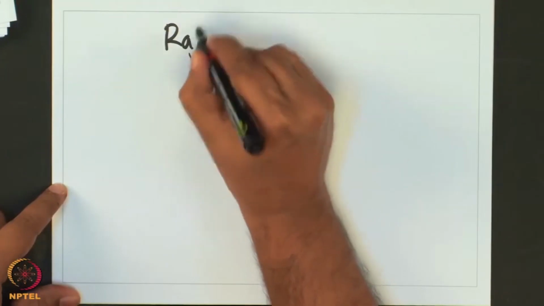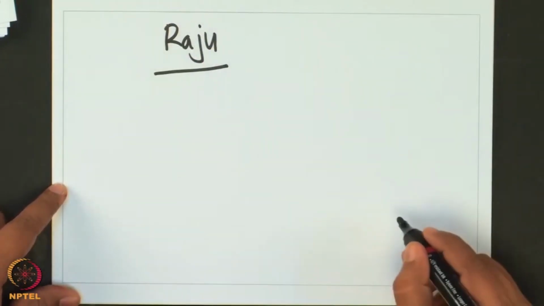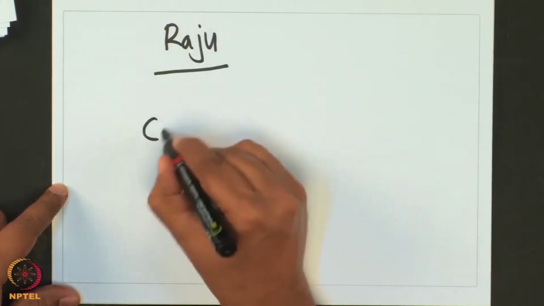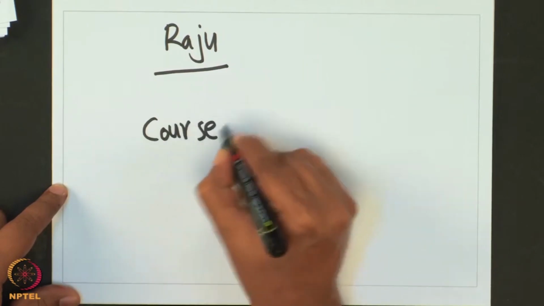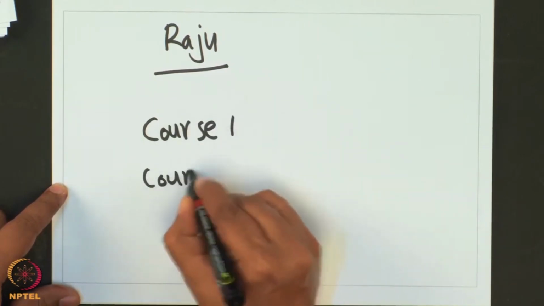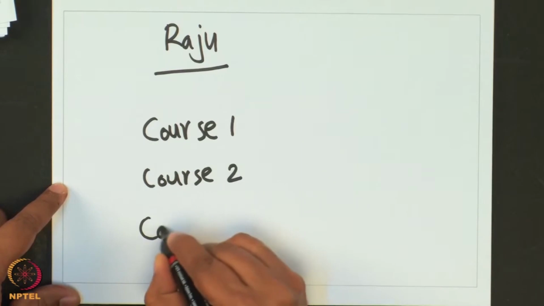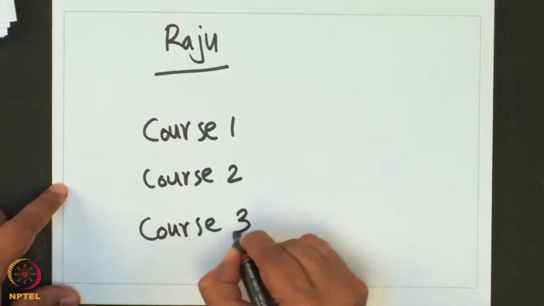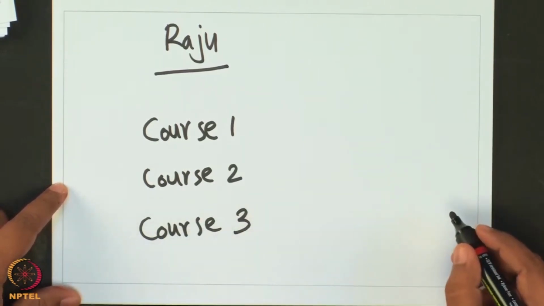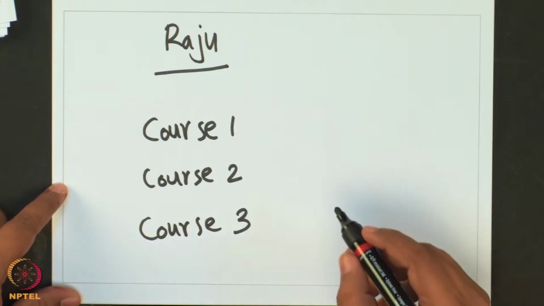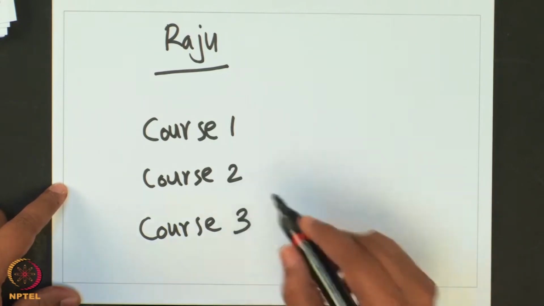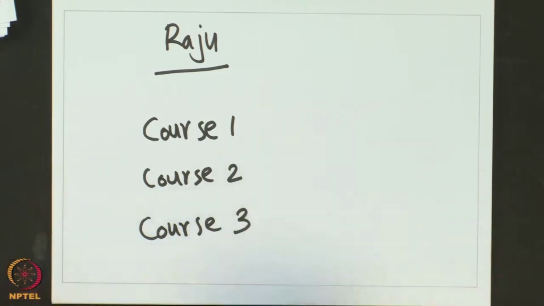So if I take a person X that has 3 courses, let us take the example. This is a person whose name is Raju, and this person had 3 courses, course 1, course 2 and course 3, and let us assume that he got marks in these courses as follows.